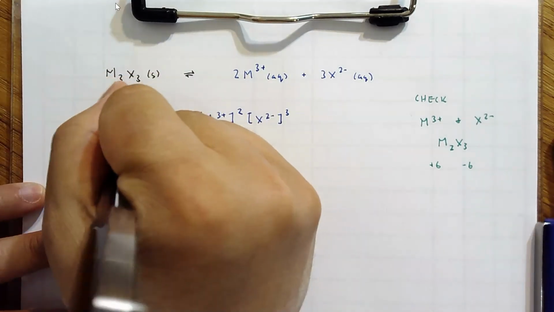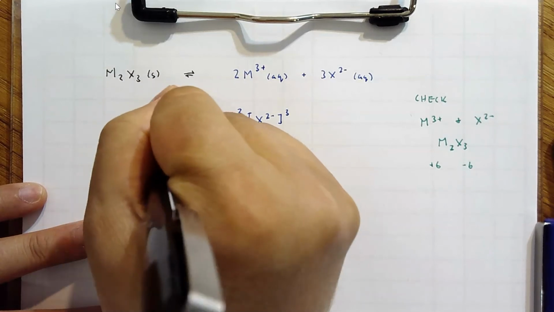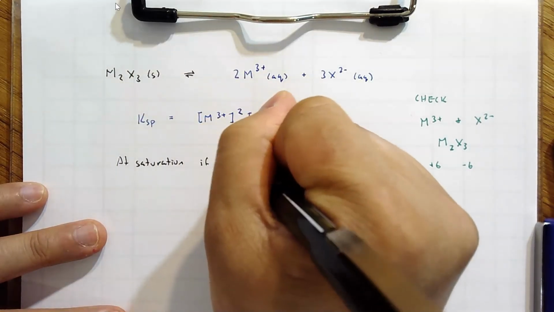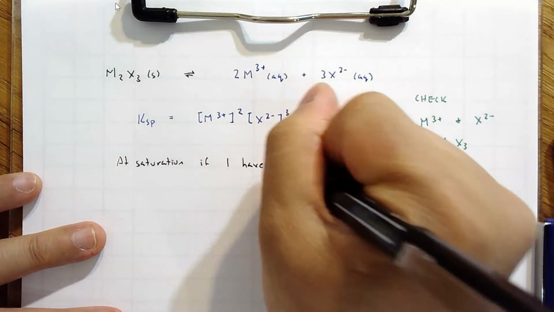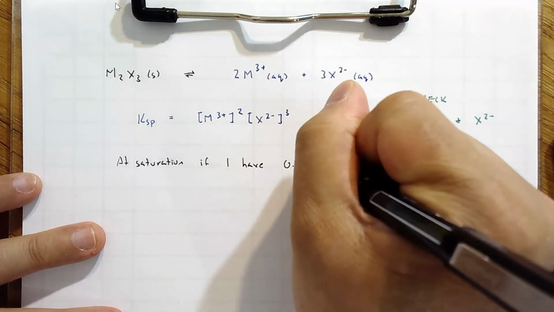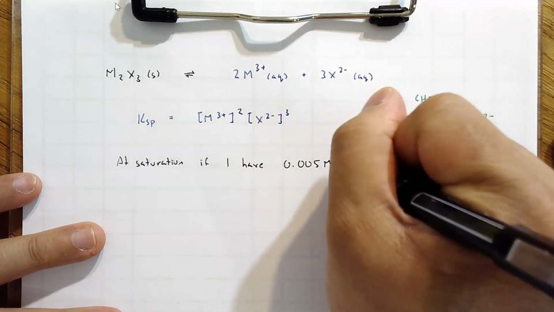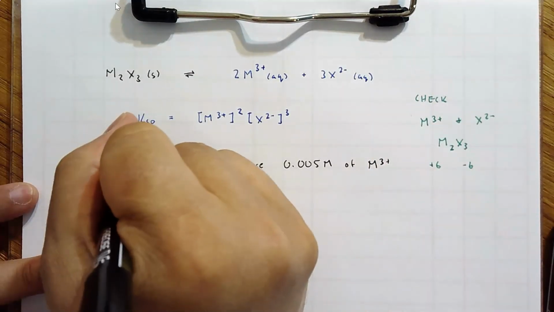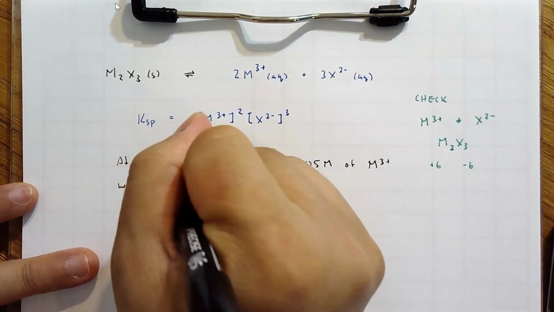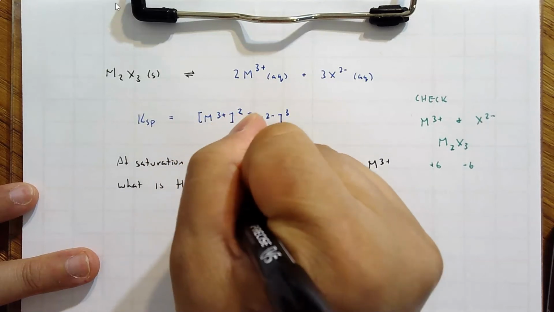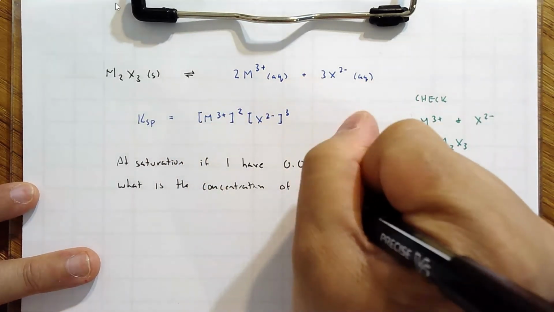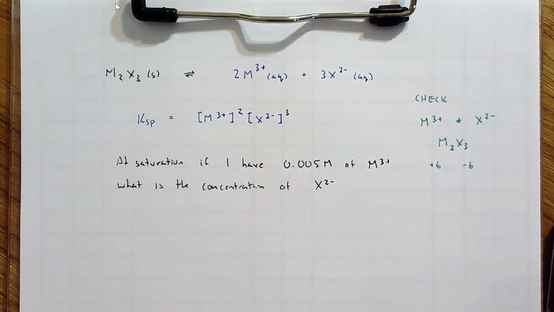So at saturation, if I have 0.005 molar of M3 plus, what is the concentration of X2 minus? They're not equal, right?